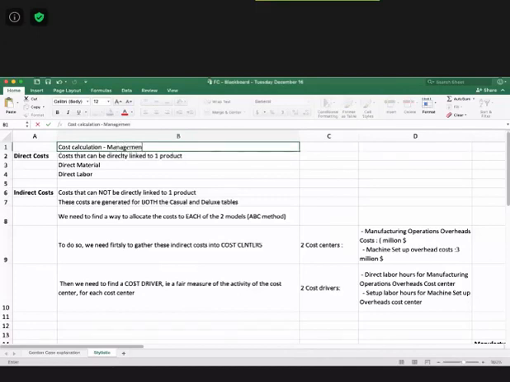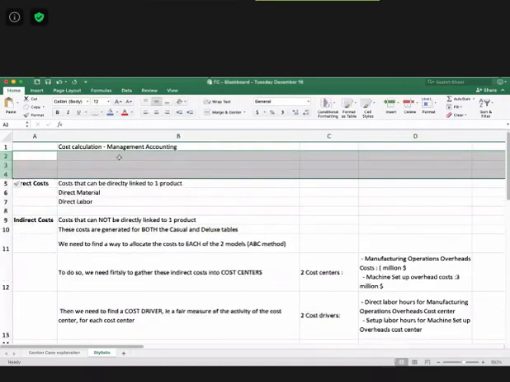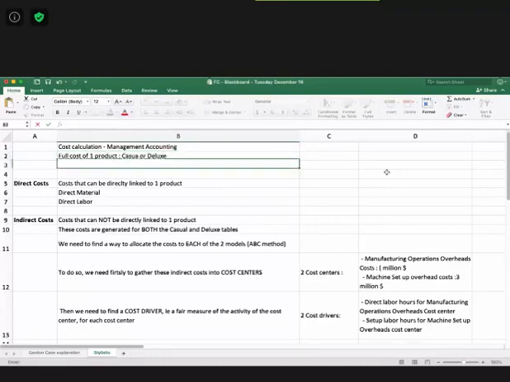What we want ultimately is to calculate the full cost of one product. That can be the casual table or the deluxe table. So what we want to do is to calculate the cost of one product.